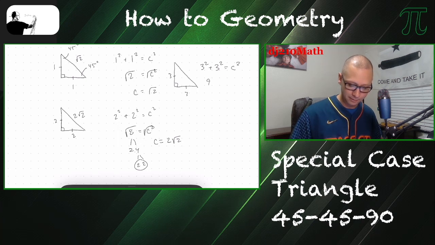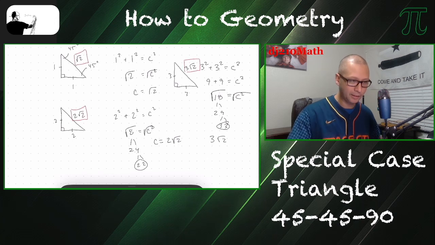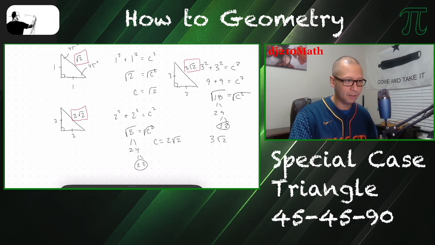It's going to be 9 plus 9 is equal to c squared, which is 18. Take the square root of both sides. 18 can be simplified, with a 9 in it. We can bring out a 3. So 3 root 2.